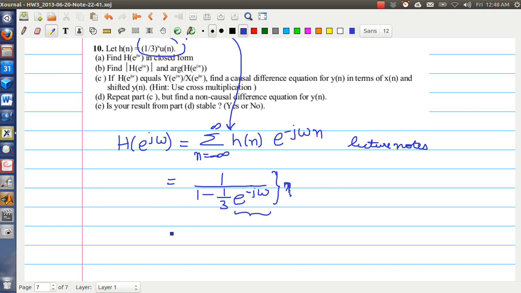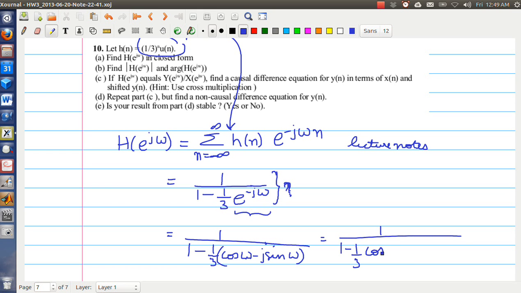That should give you 1 over 1 minus 1/3 cosine omega minus j sine omega, which gives us a real and imaginary part of 1 minus 1/3 cosine omega plus j times 1/3 sine omega.